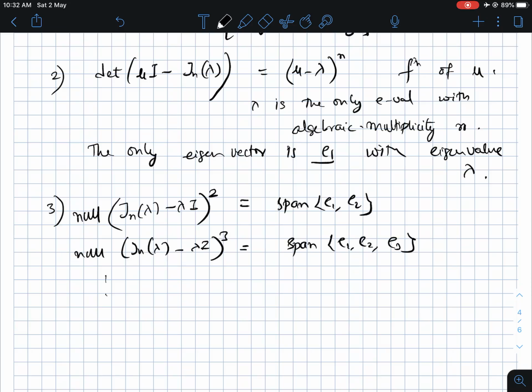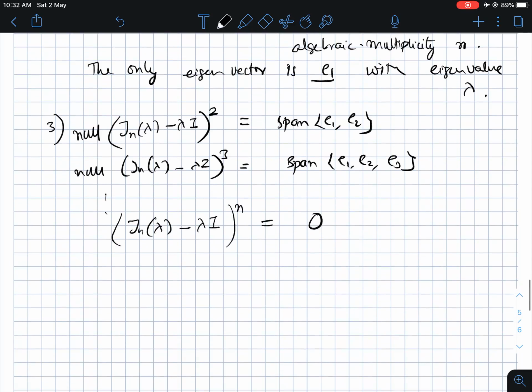In general, continuing a similar argument as before, when you take this matrix to the power n, where n is the size of the matrix, you will get the zero matrix.